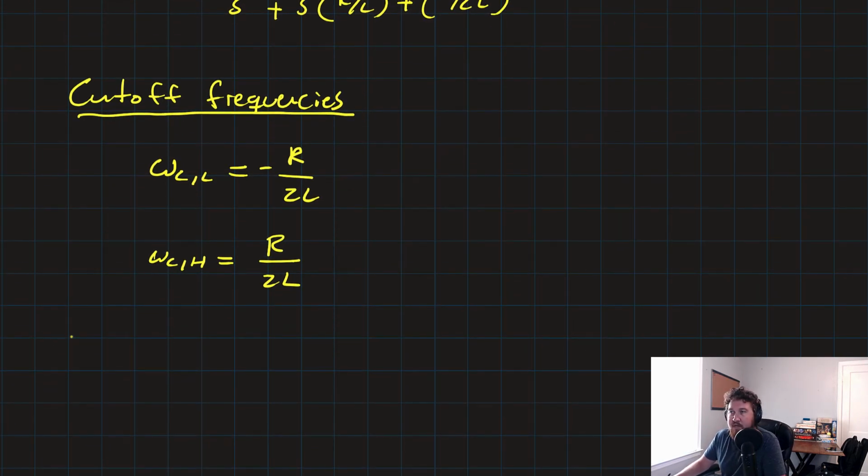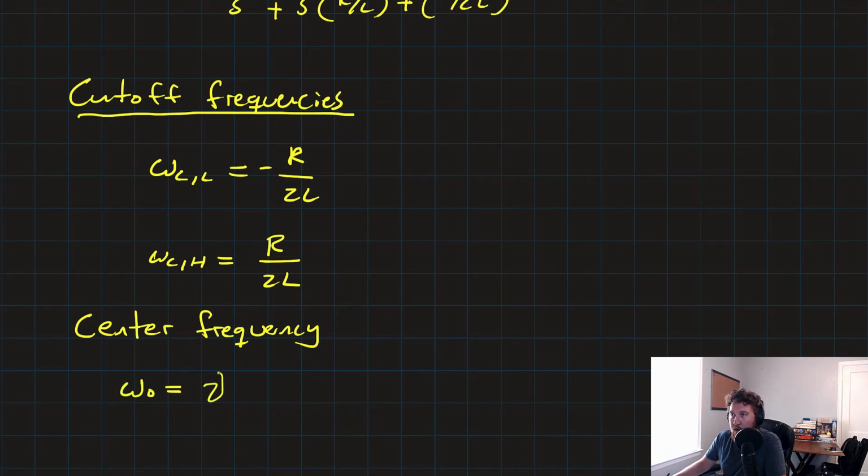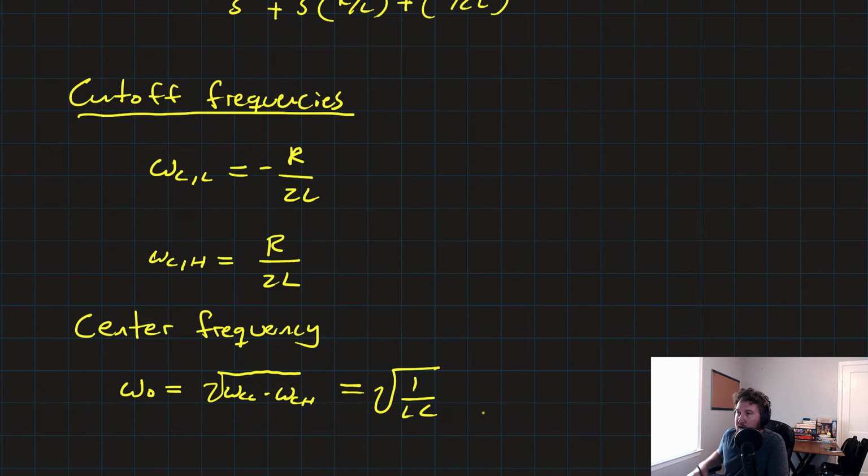For the center frequency, you might be tempted to take the average of the two cutoff frequencies, but it's actually slightly different than that. We're going to use what's called the geometric mean of our cutoff frequencies. So the center frequency, omega naught, is equal to the square root of omega C low times omega C high. If you want to calculate that directly, it's just equal to the square root of 1 over L times C. So there's our center frequency.